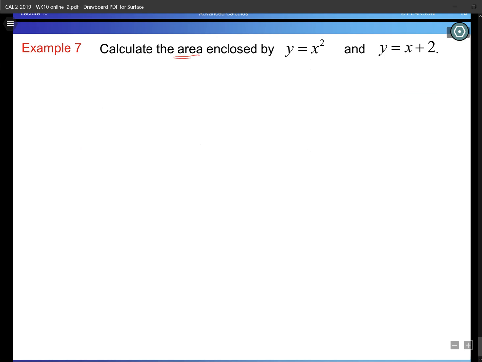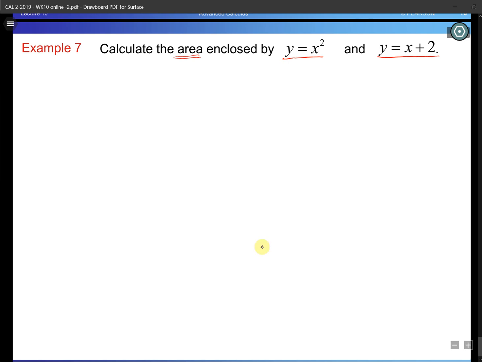Well, area enclosed by what curve? The first curve is y equal to x squared, and that is a parabola. And another line, y equal to x plus 2, that is a straight line. So why don't we try this new formula that we just found in example 6.